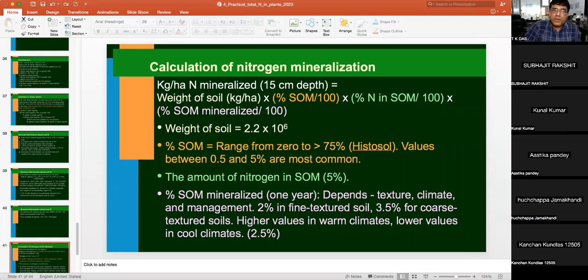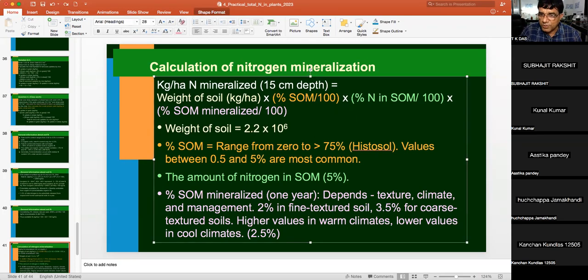Now, calculation of nitrogen mineralization, kg per hectare nitrogen mineralized, 15 centimeter depth. This is the formula given to you. This is the weight of the soil in kg per hectare. Total nitrogen mineralized is weight of soil in kg per hectare into percentage soil organic matter. How much percentage of organic matter is there in my soil?